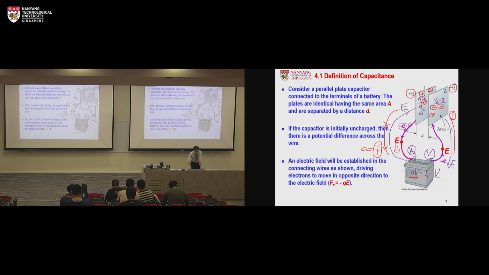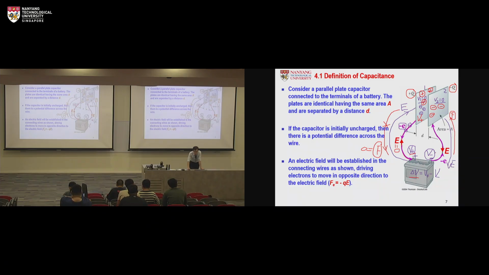Then that means the potential on this plate should be V plus. Then the two ends of this wire have the same potential, there will be no E. E is 0, F is 0. Then there will be no more charge transfer.